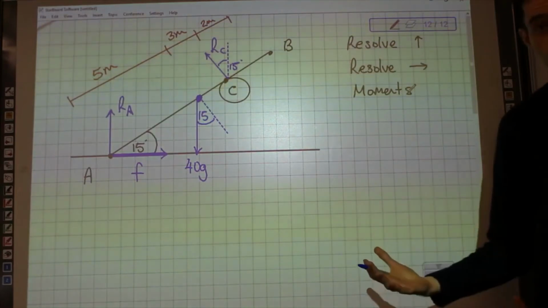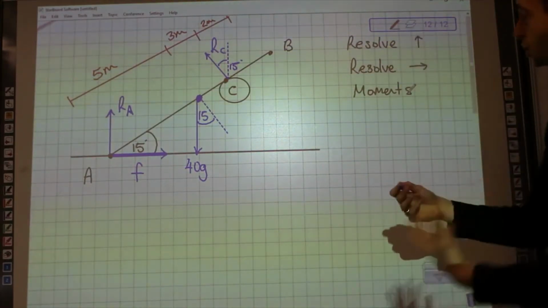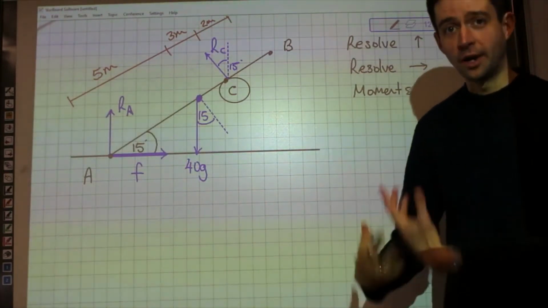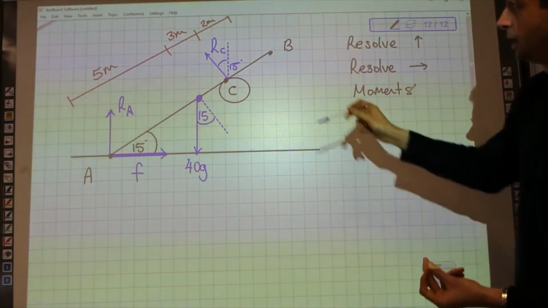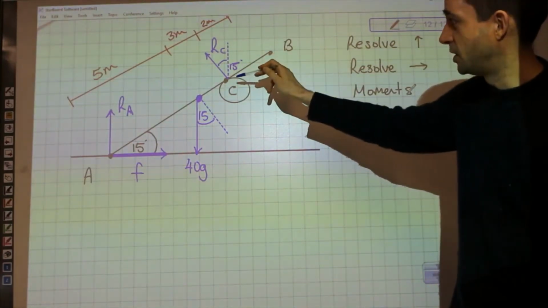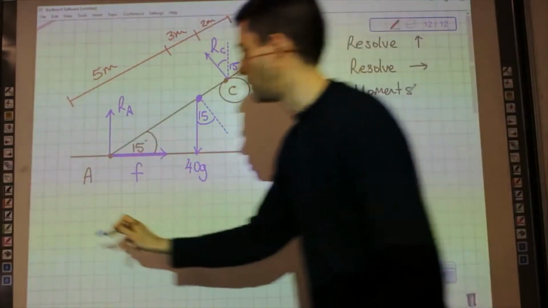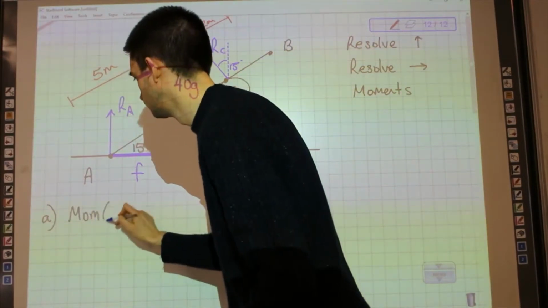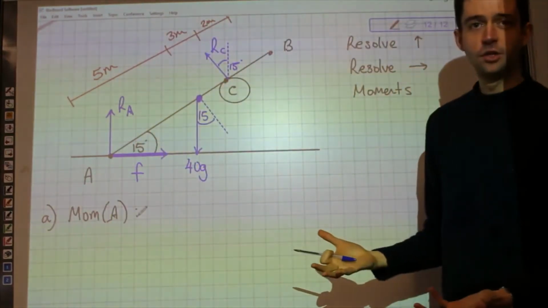So if you're ever not sure what you're supposed to be doing, do all three, and you should find that by doing them, one of them gives you enough information to work out some of your unknowns. But I know that what we're looking for is the reaction at C, and the best way to approach that is to take moments about the point A. Now, why choose the point A?